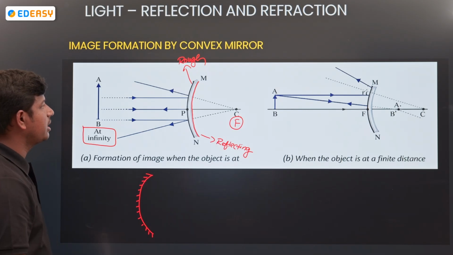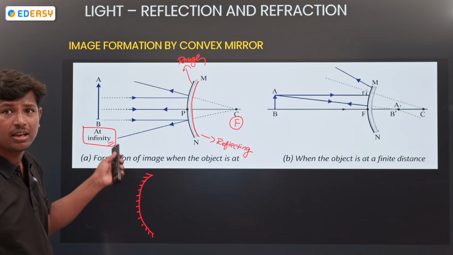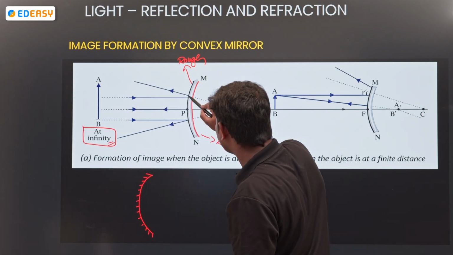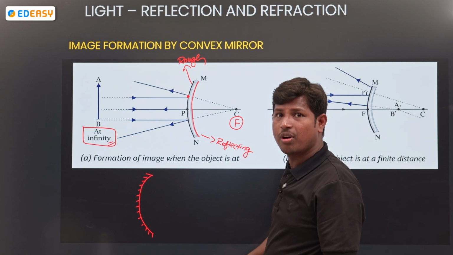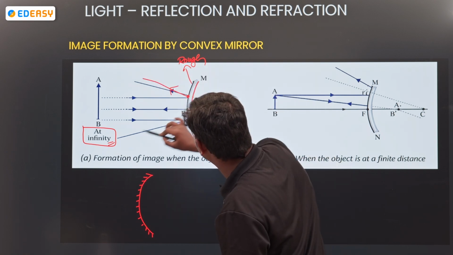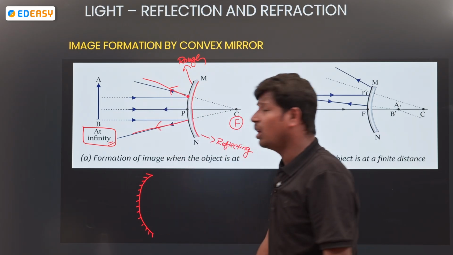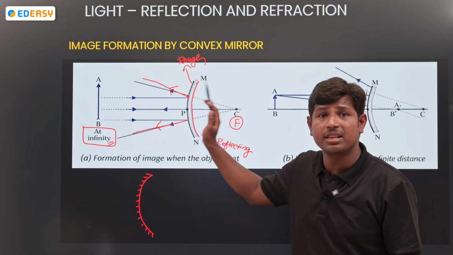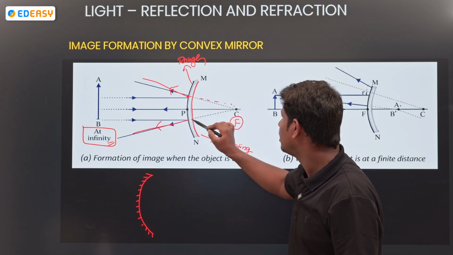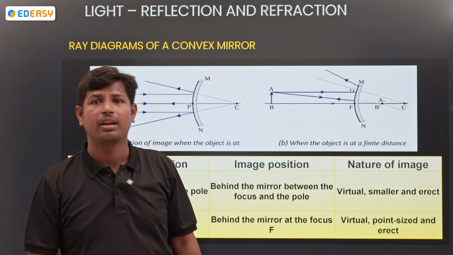See, at infinity you get the image at focus. See here how the light rays will be striking at this point. After striking, how will the light rays be? Diverging. The diverging light rays are meeting at the point.